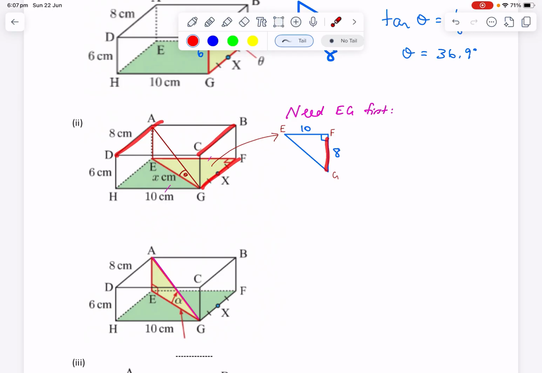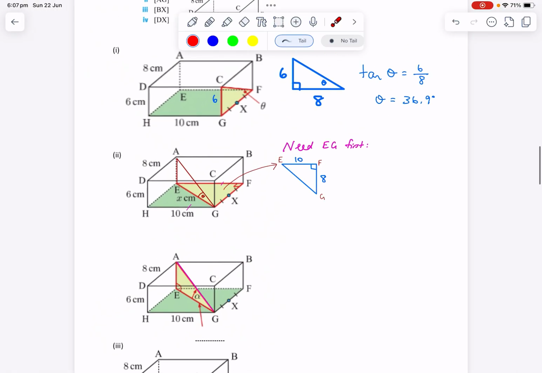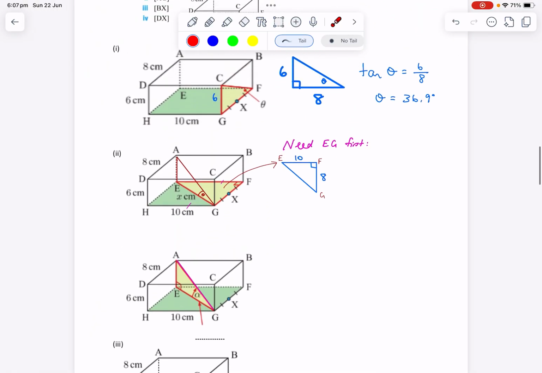So use your spatial skills to visualize, and draw any extra triangles as you need to. You can use Pythagoras to find EG. Once you find EG, you might want to draw another triangle underneath so that you can find the missing angle, and they've called it alpha. So that's probably all the hints you need, and I hope you enjoy doing the rest of the questions.